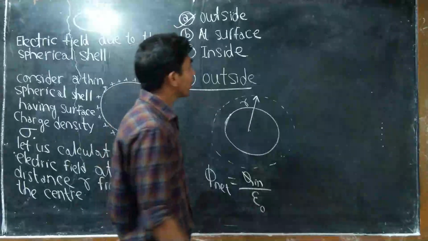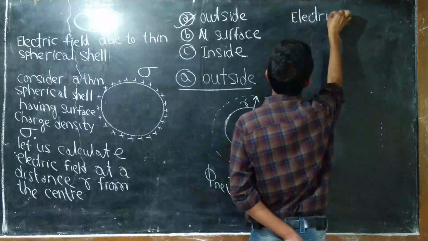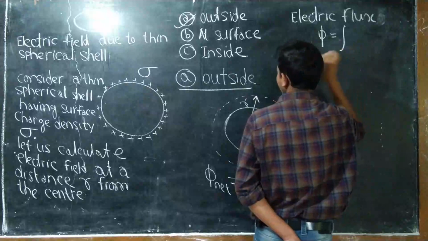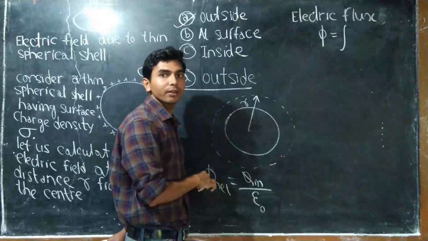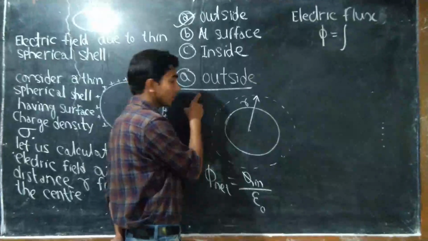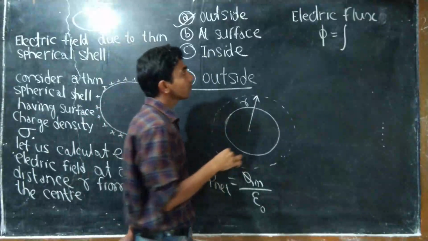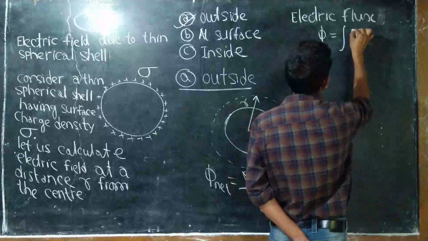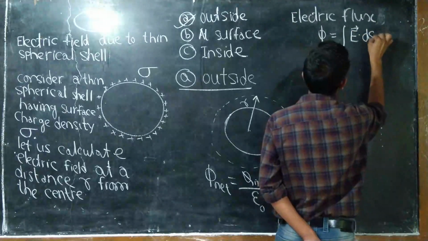Electric flux phi is equal to, now you can see here the direction of the electric field line is changing. Here the direction of the electric field is in this direction, here it is in this direction. So the direction is changing, and we have to use integration: integral of E dot ds.